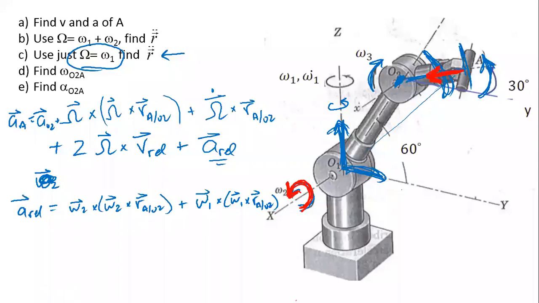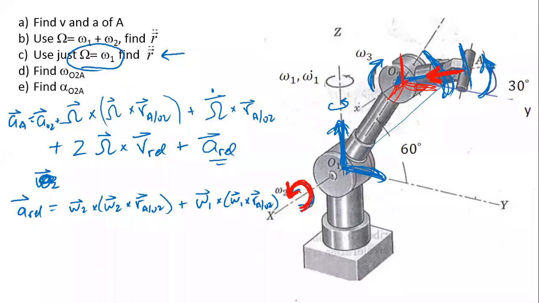Okay, and then the third term in there is because you've got this frame that's also rotating with respect to this omega 2. So you do end up getting a Coriolis due to that one.